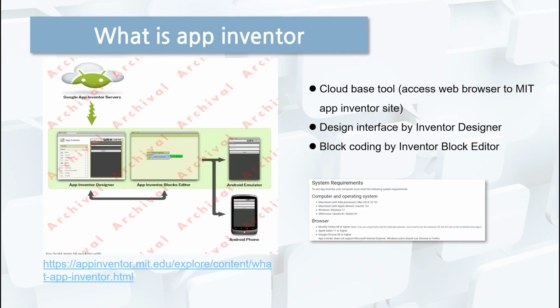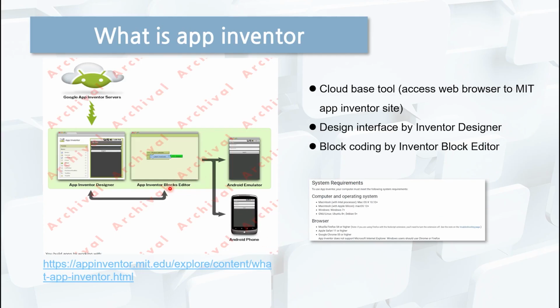So App Inventor enables you to develop an application based on this development environment. You build apps by working with the App Inventor Designer, where you select a component for your app.